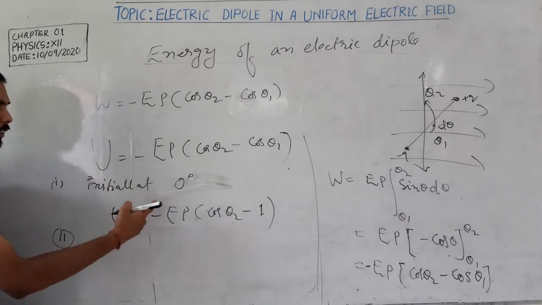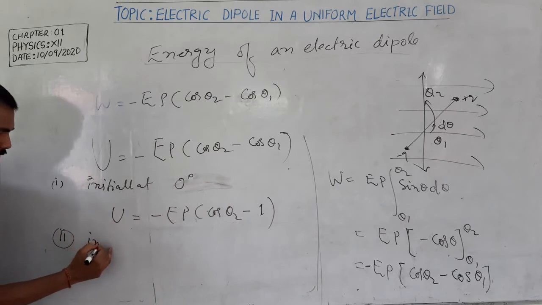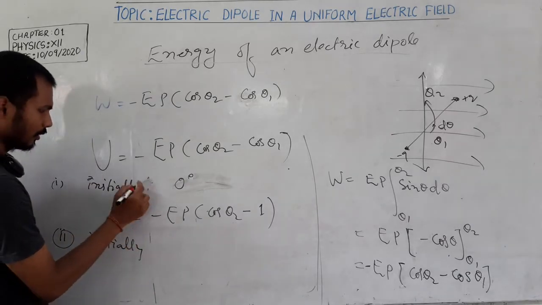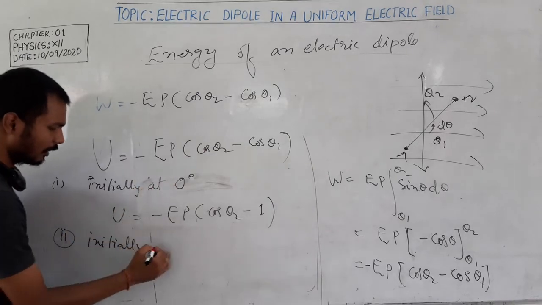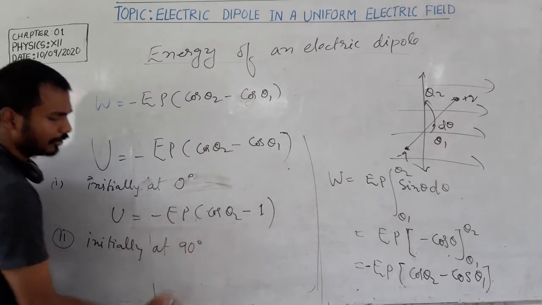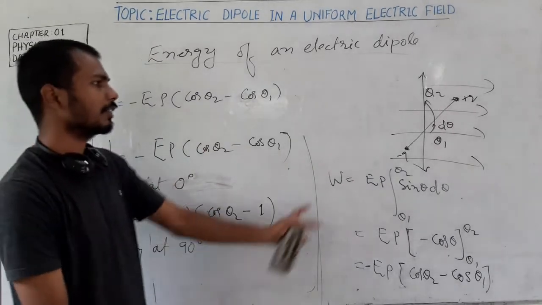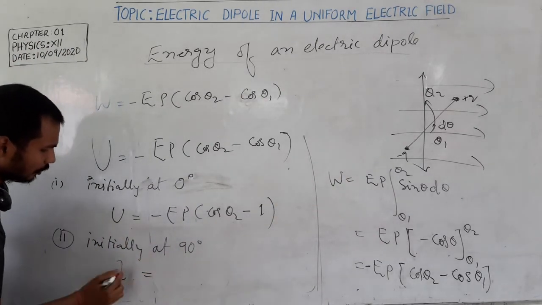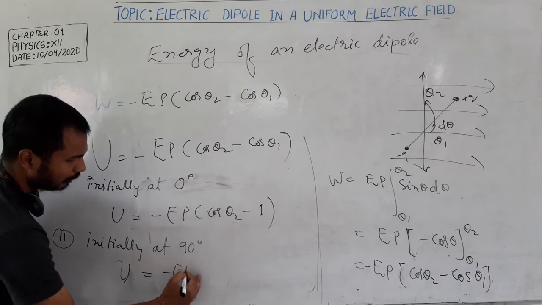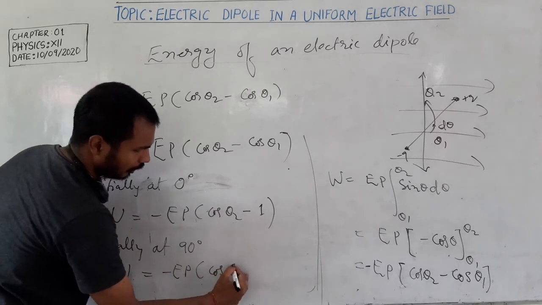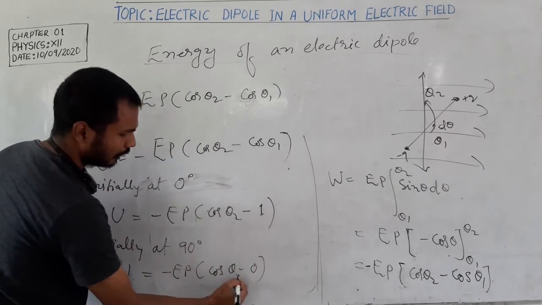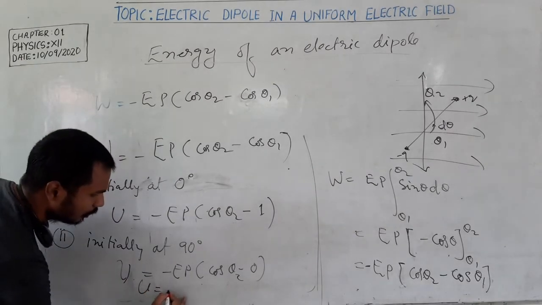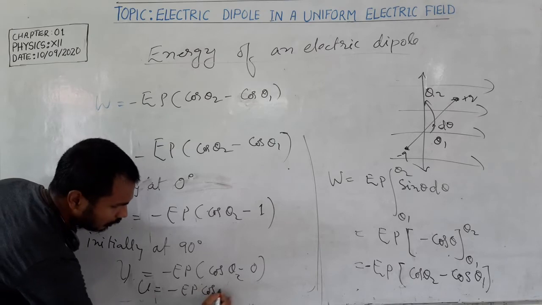Case 2: the dipole is initially at 90 degree, which means initially it is making a 90 degree angle with the direction of the electric field. Then the potential energy is equal to minus EP, cos theta 2 minus 0, or we can write it as U is equal to minus EP cos theta.